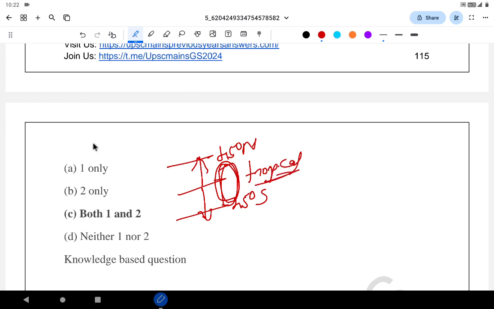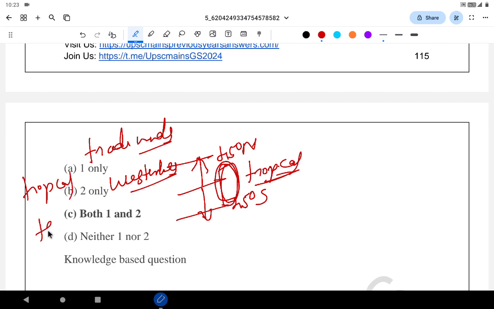So both the statements, the questions regarding influence of trade winds and westerlies on ocean temperature in tropical zones and temperate zones, are asked in the PYQs as well, and these are concepts. Please study them carefully.